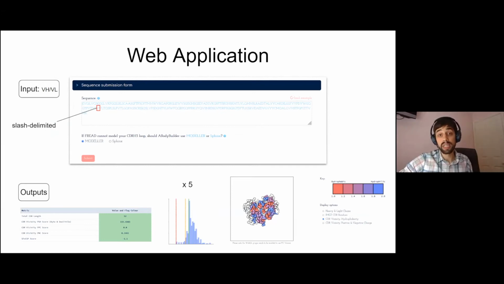And you also have a molecular viewer. So you can see, for example, if you color by hydrophobicity of different residues or by positive and negative charge, how those features are distributed across the surface and why the antibody might have got the score it did, which is very useful from an interpretability perspective, because it allows you to think, okay, maybe I could make these molecular changes and improve my developability as well.